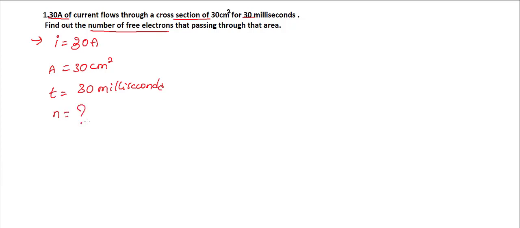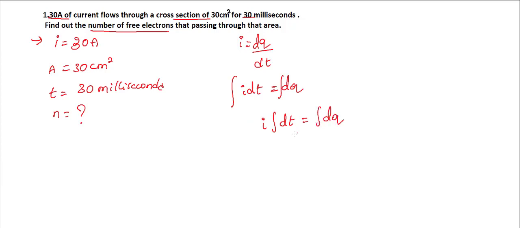You have to know what formulas apply. Till now we have discussed only one formula, that is I is equal to dq by dt. Here they have given a constant current, so we just do the integration. Since the current is constant, I comes out: I integral dt is equal to integral dq.